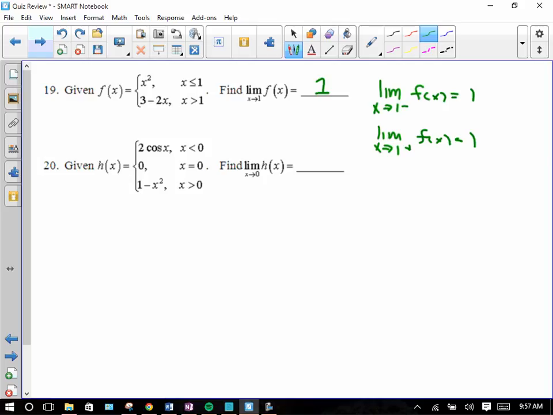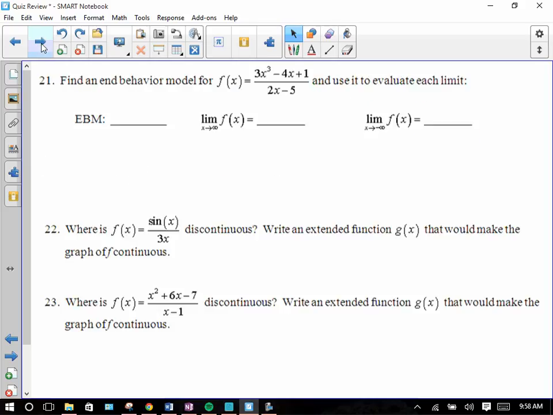I'm just trying to figure out what the left-hand side and right-hand side are approaching. If it's the same thing, that's good, there's your limit. If it's not the same thing, the limit does not exist.